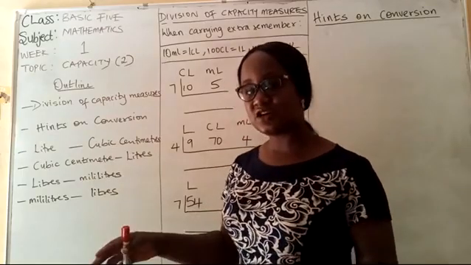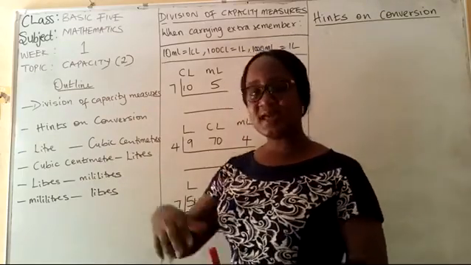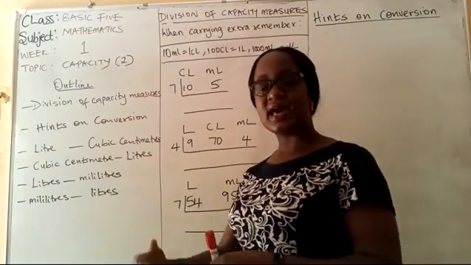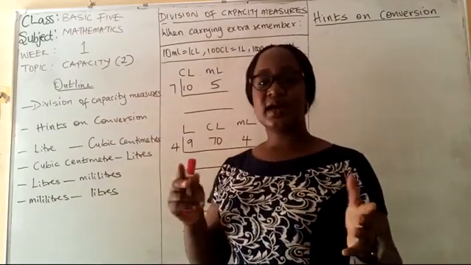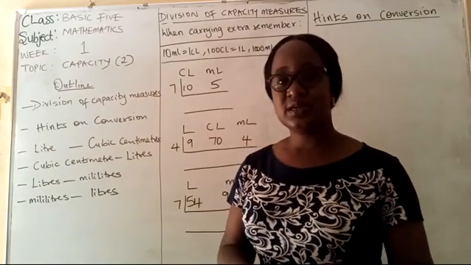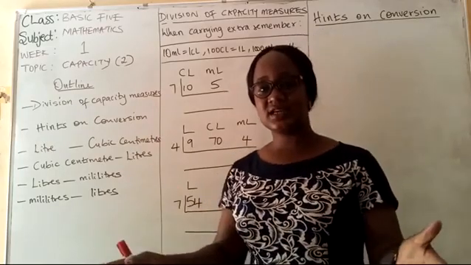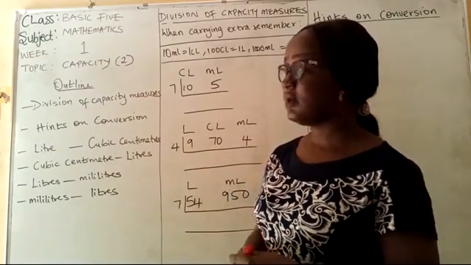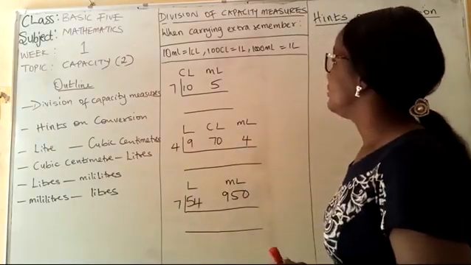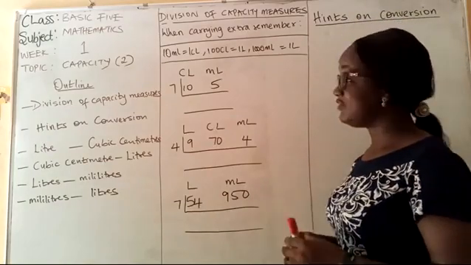Okay, in a nutshell, it just means that we are going to convert from a higher unit to a lower unit, and we will convert from a lower unit to a higher unit. Okay, so I'll give you hints on what to do in any case, and then I'm also going to solve one or two. Okay, now let's look at what we have for division.